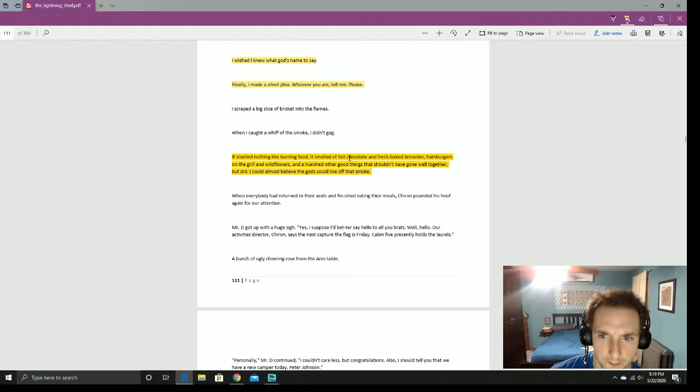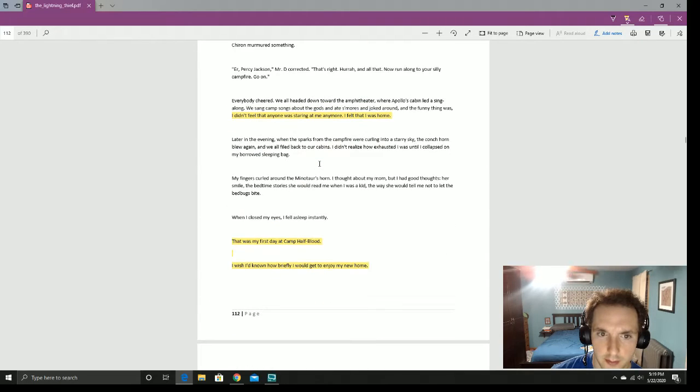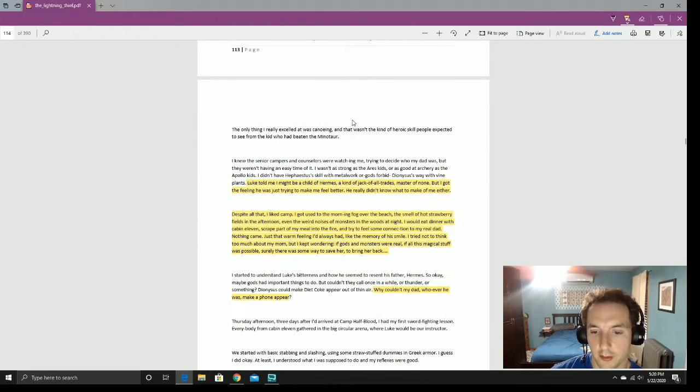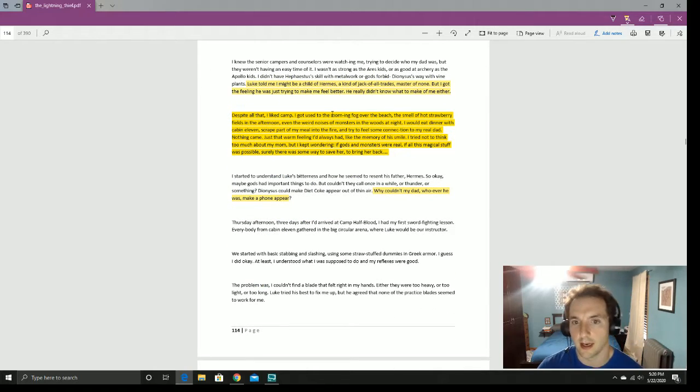Again, here, he's remembering some things of home, of where he belongs, the smells. I didn't feel like anyone was staring at me. I felt like I was at home. This is my first day at Camp Half-Blood, and it's kind of ominous when he says, I wish I had known how briefly I would get to enjoy my new home, but he's calling it home again, so he's starting to feel accepted. He's starting to feel like he's at home.